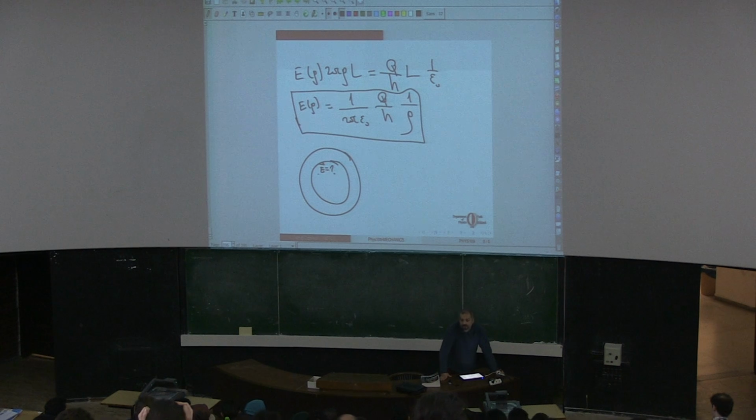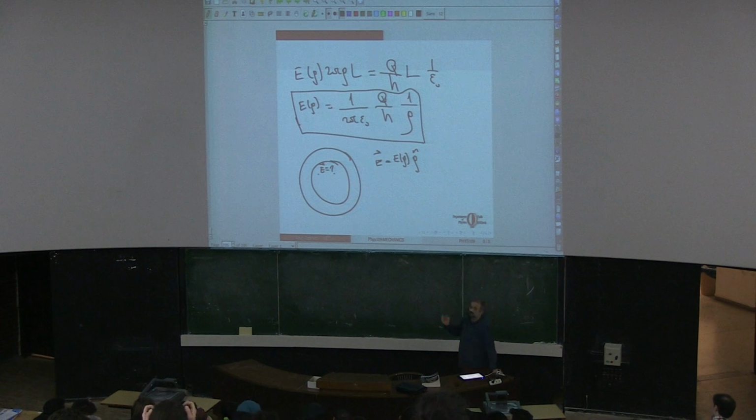It is 0. Because you see, we said that E is equal to E of rho times rho hat, using only the cylindrical symmetry. We didn't use anything other than the cylindrical symmetry of the system. The system has a cylindrical symmetry, whether you are here or in between the cylinders.